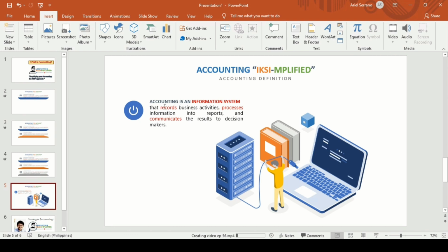Accounting is an information system that records business activities. It processes the information into reports and communicates the results to decision makers. So basically, accounting is an information system in the sense that the documents being processed and recorded in the accounting systems are eventually converted into outputs, such as your financial statements, and communicated to the users of the financial statements.